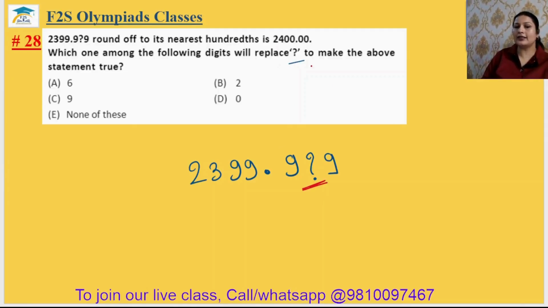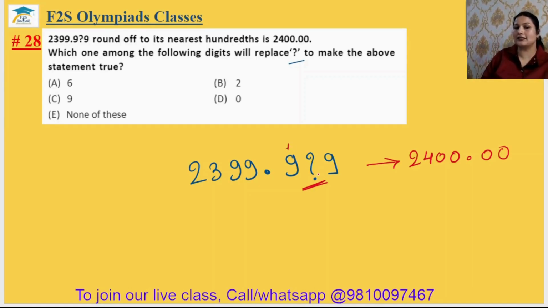And it is coming 2400.00. It means 1 is added here. And how can we add 1 here?